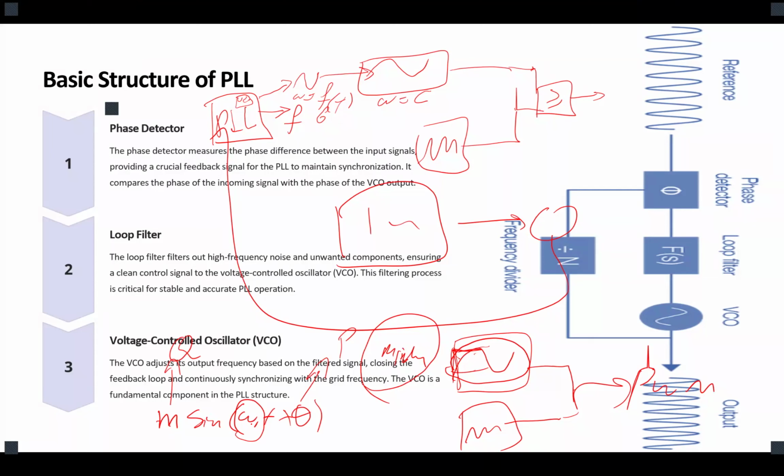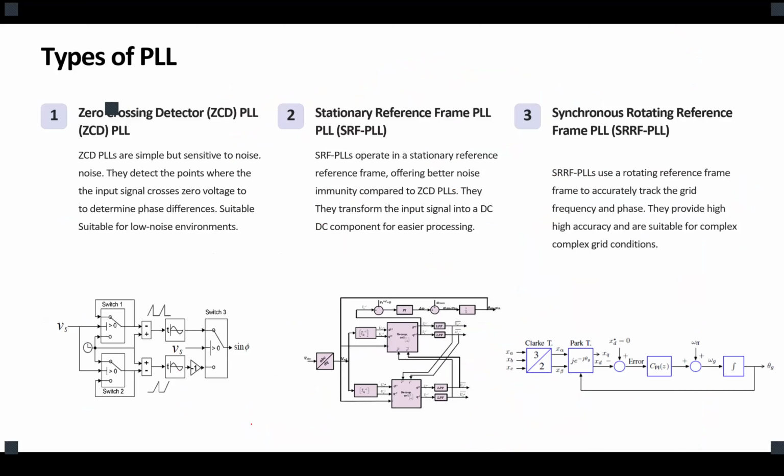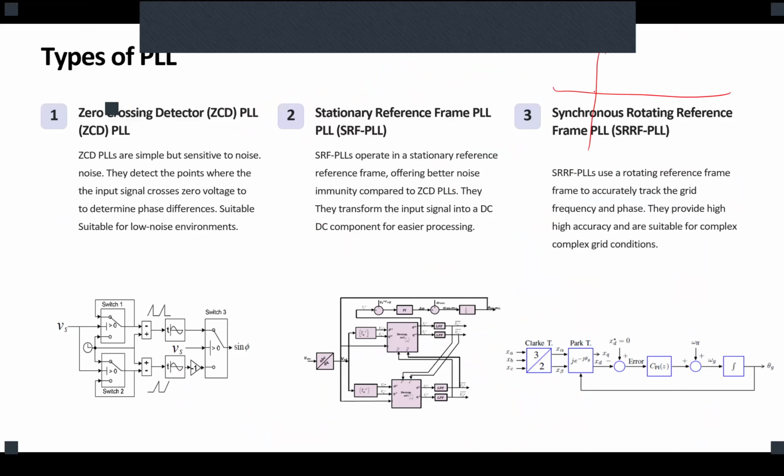We are talking about a time-variant waveform. So this is our grid, and a slightly lower one, this is our inverter. Correct?